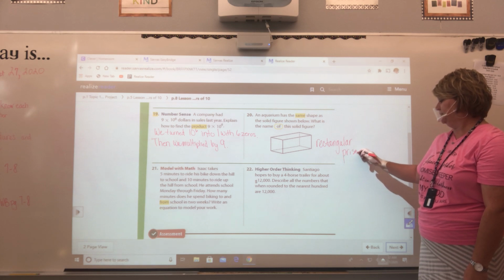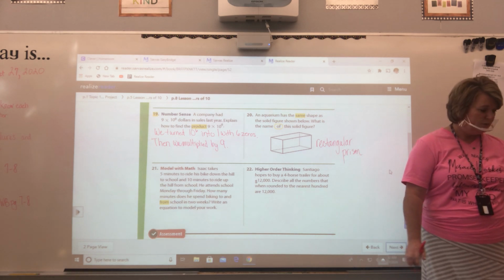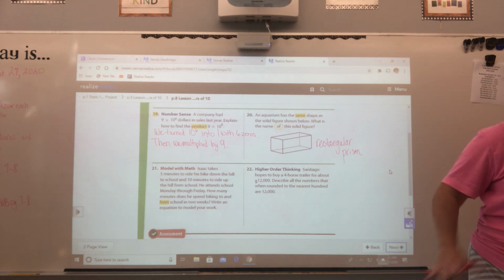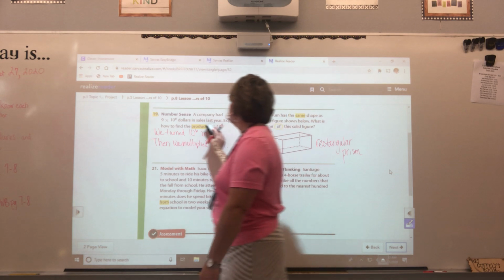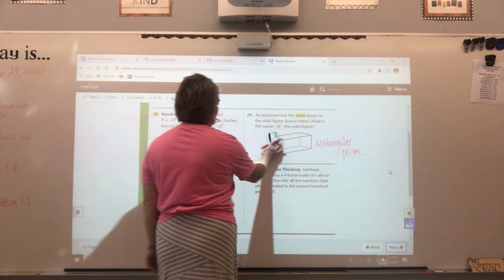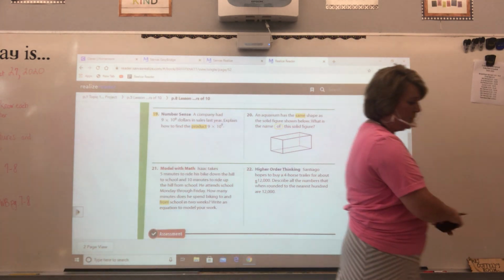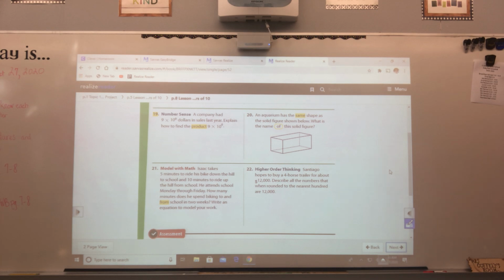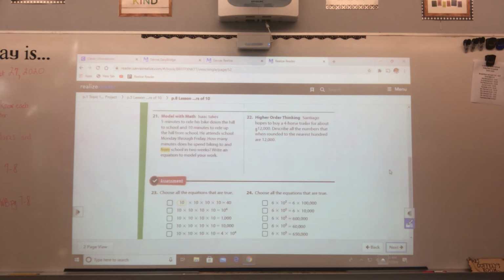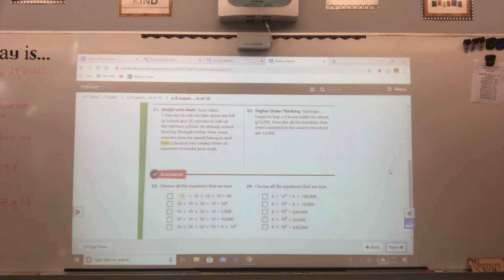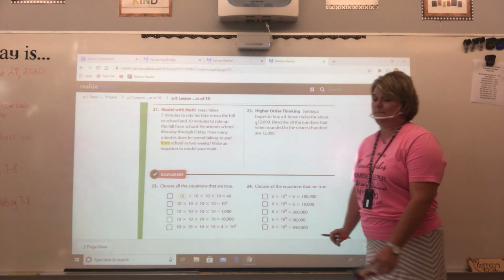Rectangular prism. The prism is what makes it 3D.